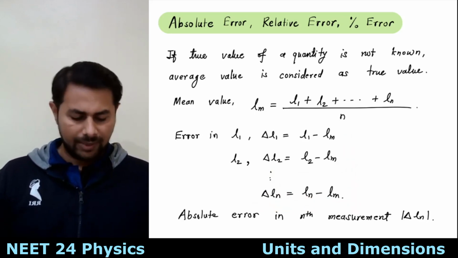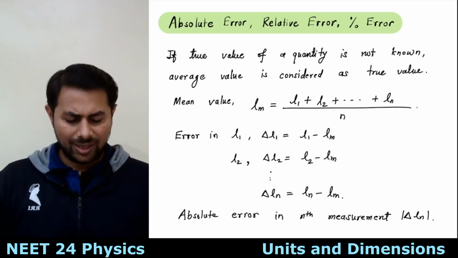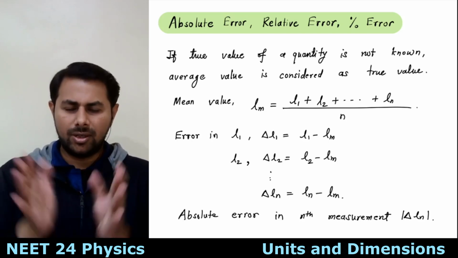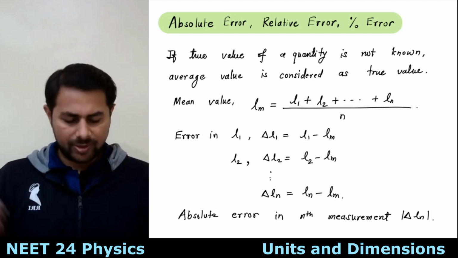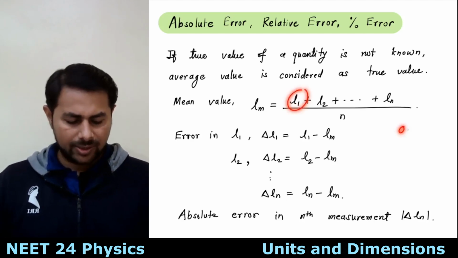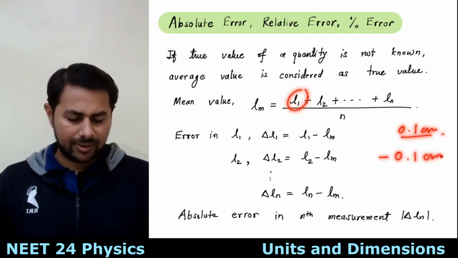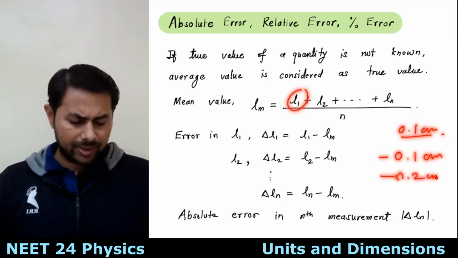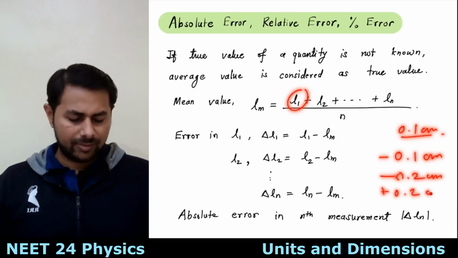But sometimes the error might be positive, sometimes negative, okay? And suppose you want to find the average of these errors. For example, delta L1 is 0.1 centimeter, delta L2 is minus 0.1 centimeter, delta L3 is minus 0.2 centimeter, and some other reading is plus 0.2 centimeter.